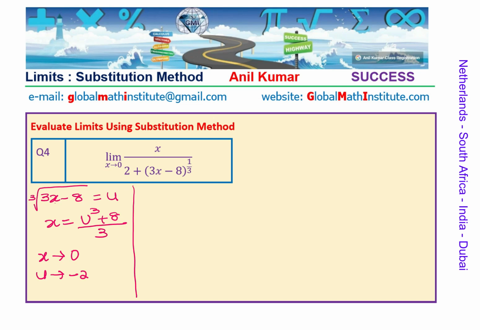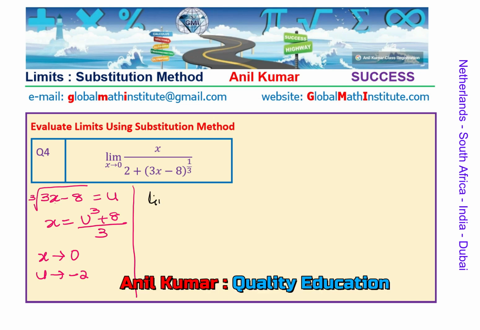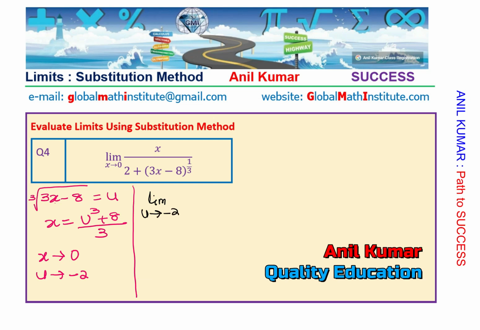So when you do this substitution, you could rewrite the function as the limit as u approaches minus 2, with the numerator being x, which is 1/3 of u cube plus 8, and in the denominator we get 2 plus u.